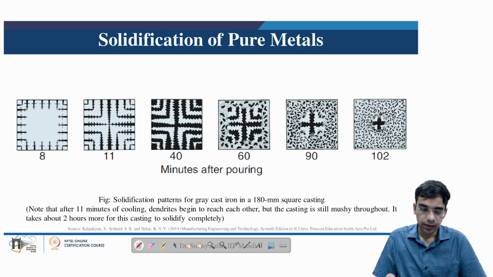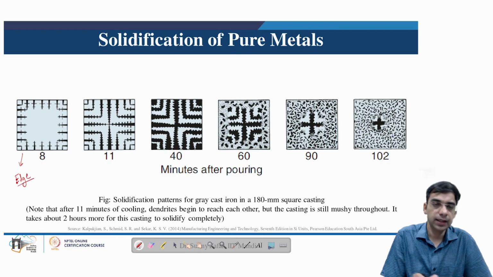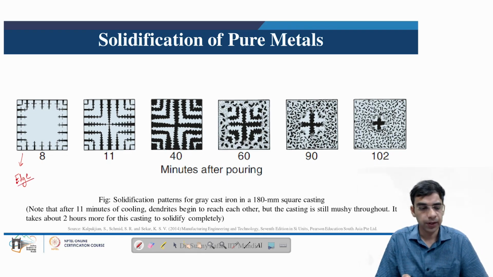Here we can see how gray cast iron, for example, is solidifying. It is important to note that the solidification commences from the edges of the mold. The edges of the mold are basically at ambient temperature, so they play an important role in starting the solidification, and then grain growth takes place from the edges.